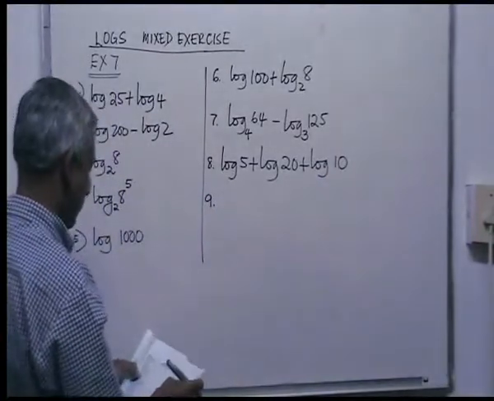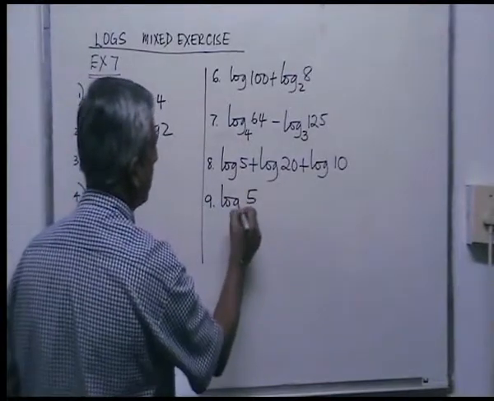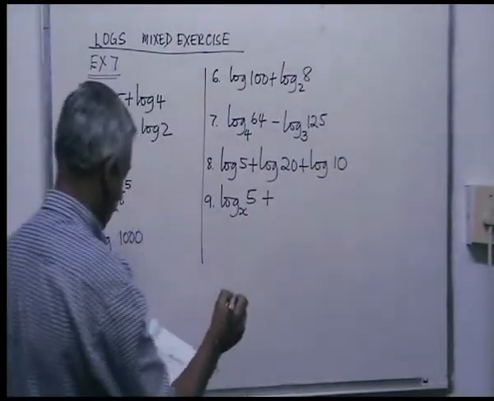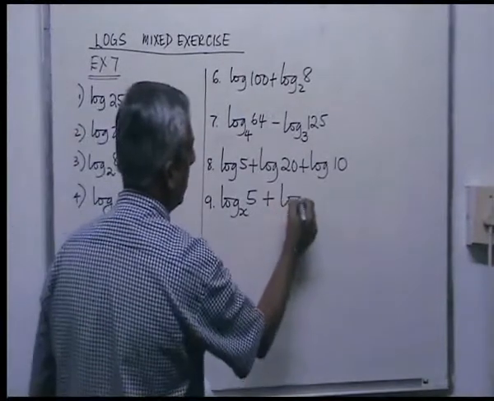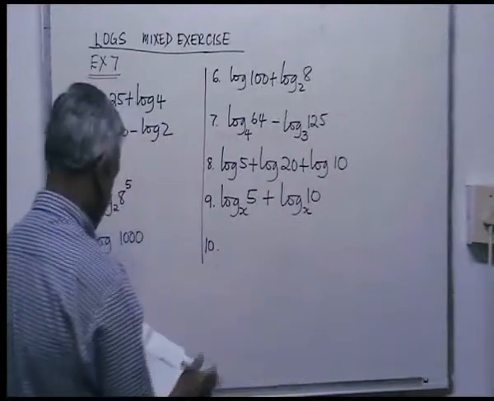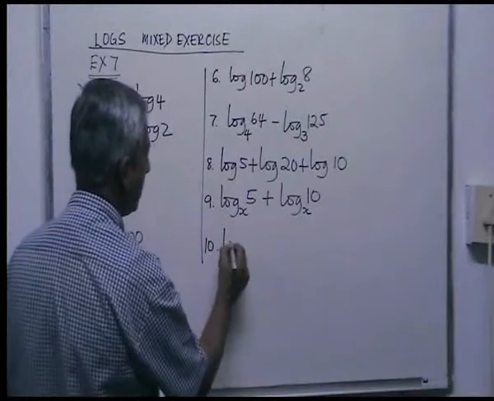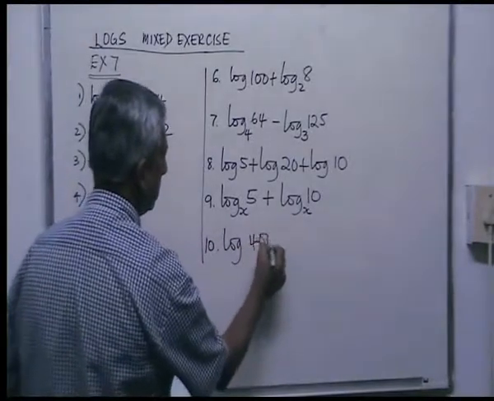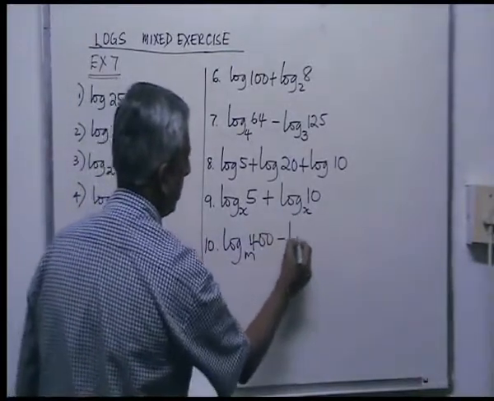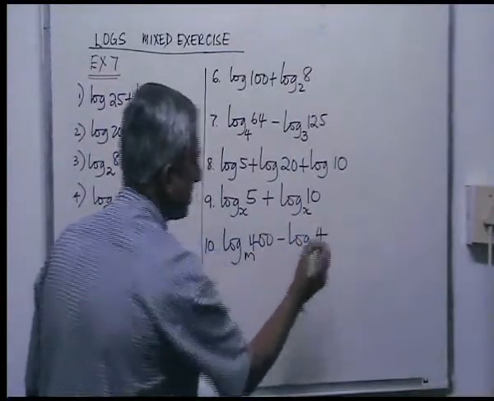Number 9, log of 5 to the base x plus log of 10 to the base x. And number 10, log of 400 to the base m minus log of 4 to the base m.